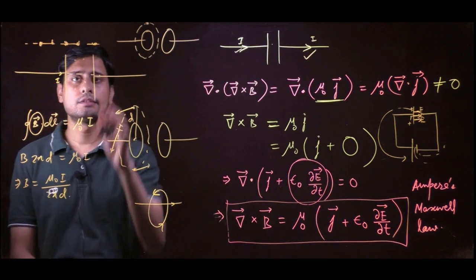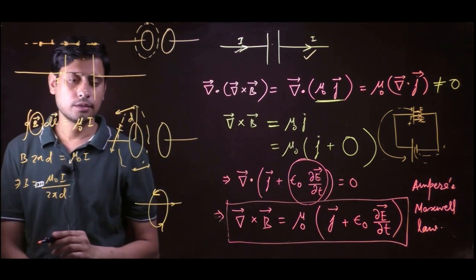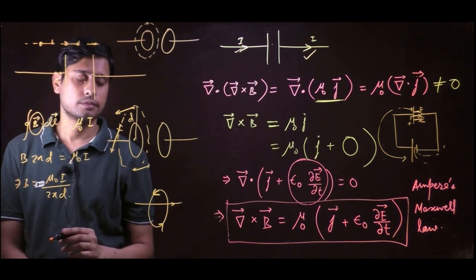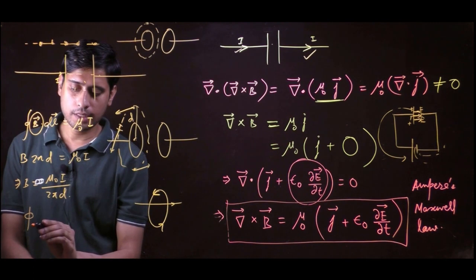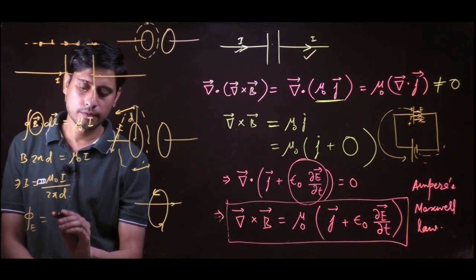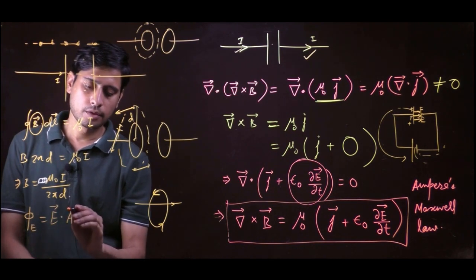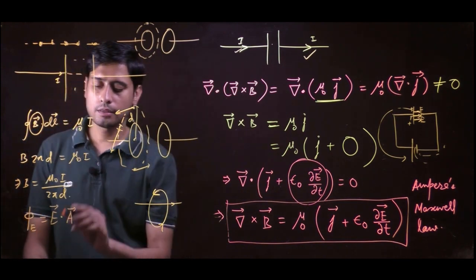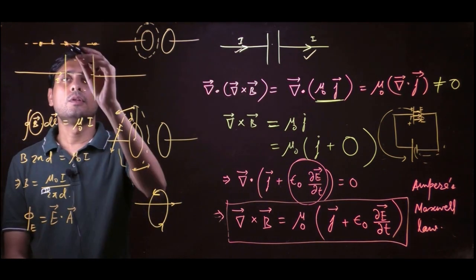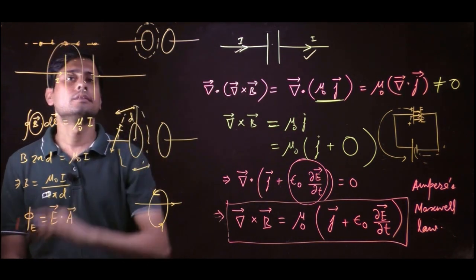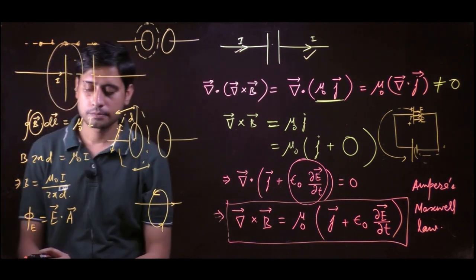So if we just calculate the electric flux here, then what do we get? Electric flux is given by E dot A. We are taking the area to be constant because the area of the loop which you are taking is not changing, it is fixed.